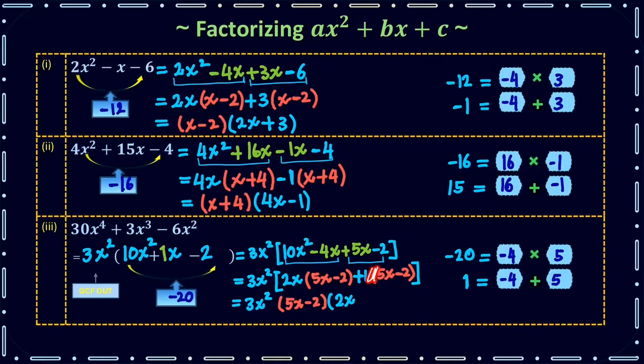And from the second group, when taken out, we're left with +1. You notice I have pretty much dropped the bracket. It's unnecessary. And that's because we have now the product of factors.